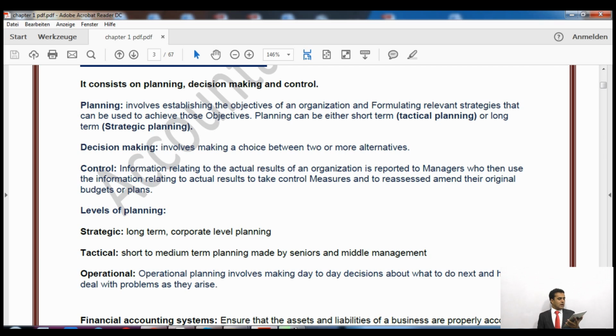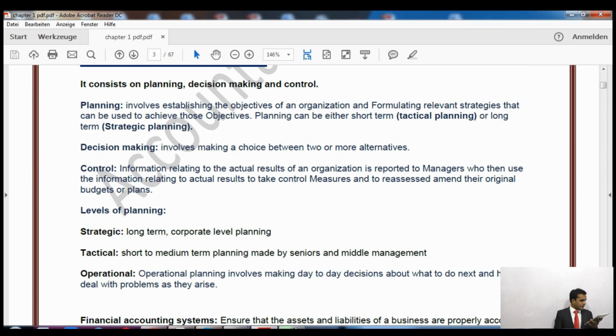Say for example, if your organization's objective is to maximize the profit, which mostly it will be, now you have to make up a plan for how you're going to achieve it. That is planning. How you're going to achieve the organization's objective, that is our plan. Right? Now, formulating relevant strategies that can be used to achieve those objectives. Planning can either be short-term, which is tactical planning, or long-term, which is strategic planning.